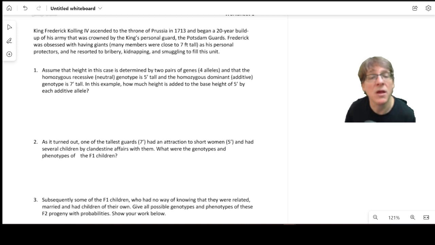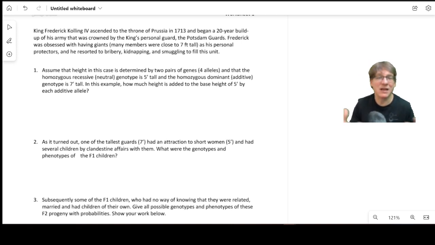This is a spin-off of something based in fact, but really distorted over time. There was a king in Prussia. His name was not Frederick Colling. He wanted to have really large guards and tried to set up some sort of breeding program to get them. He wanted to be known as having the largest guards.